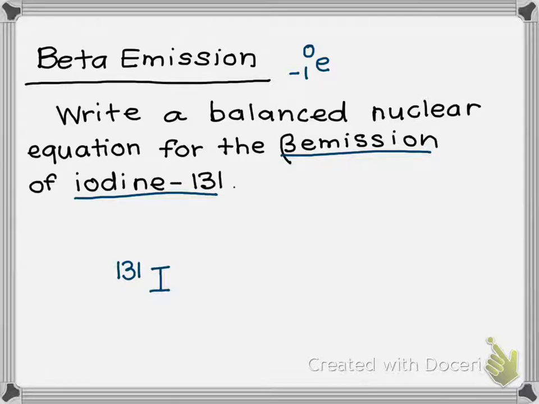To figure out the atomic number, I look on the periodic table, and I find that it's 53. Now the problem has told me that it emits a beta particle, so I put a 0, -1, e. Now I have to determine the new isotope or the new nuclei that is formed when this happens.